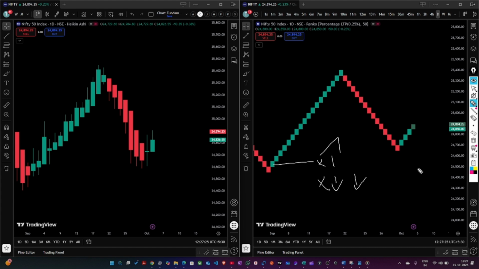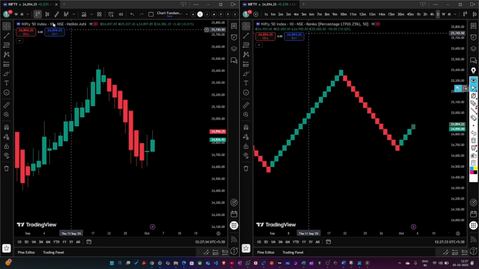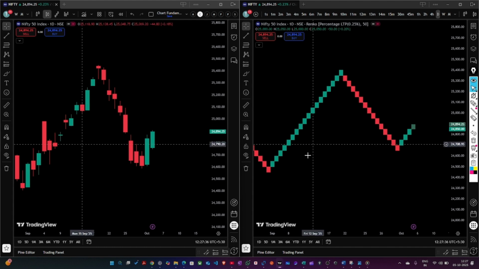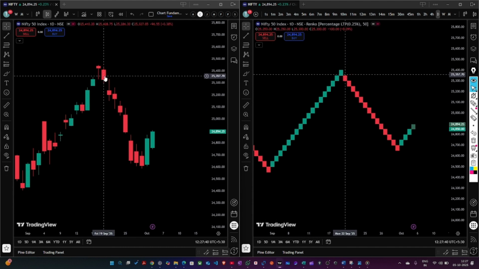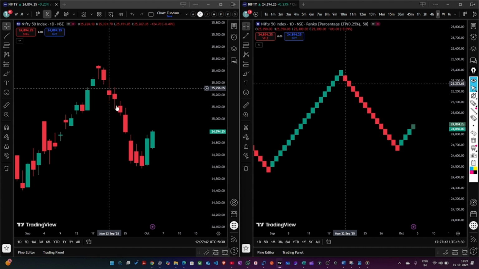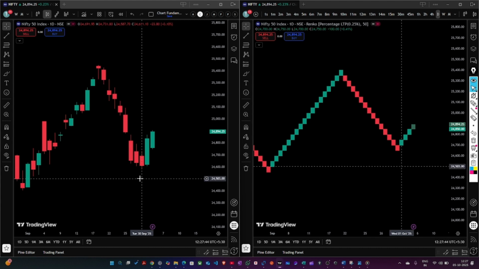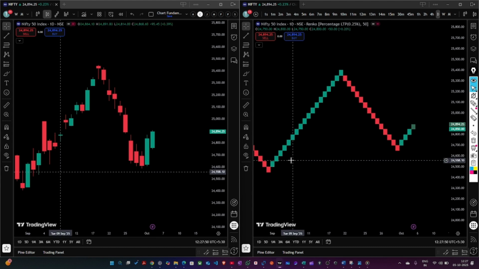It does not take into consideration any other factor, which is why the same thing that we are able to see now is so smooth here, whereas it is all clustered and the direction is not clear here. So that is the reason why many prefer Renko charts.